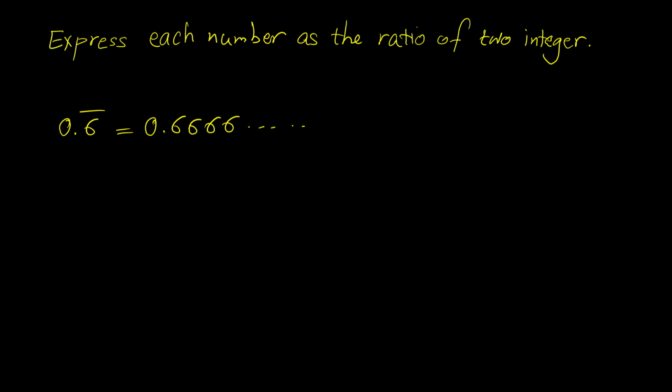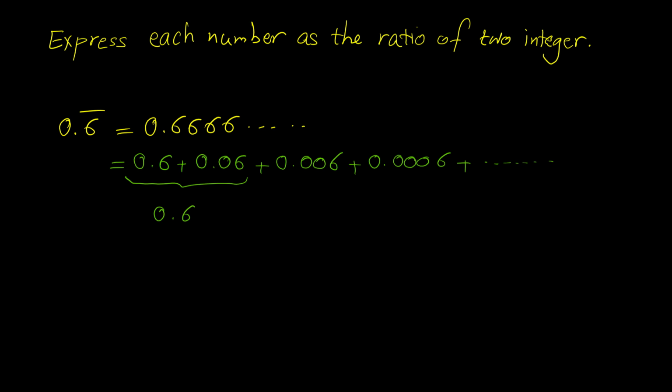0.66666 forever basically? If you pay attention, this number is basically 0.6 plus 0.06 plus 0.006 plus 0.0006 and so on forever. Because, for example, the sum of these two is 0.66.